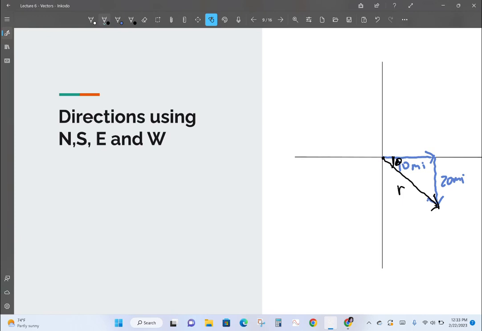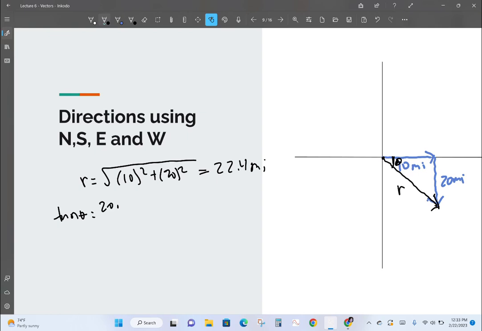So r is going to be equal to the square root of 10 squared plus 20 squared, which is 100 plus 400, or square root of 500. And that's going to be 22.4 miles. And tan theta is going to be equal to 20 miles all over 10 miles.